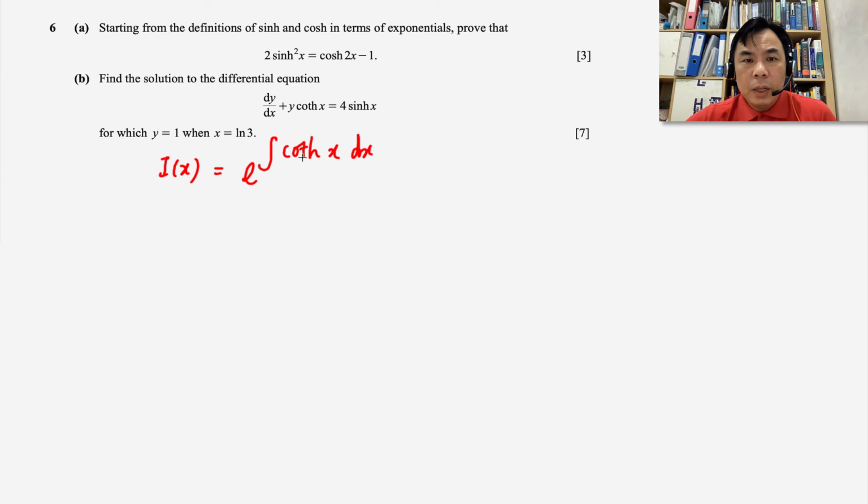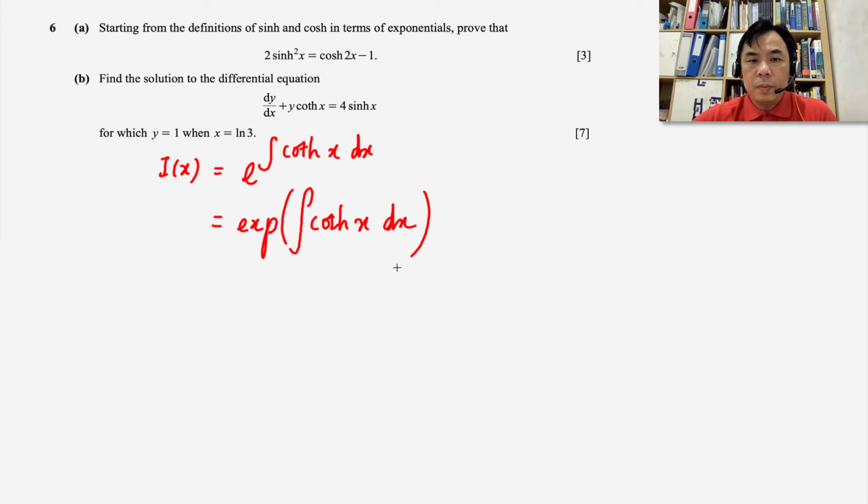And then that is basically the same as, okay, I can write this one down as exp, it's easier to represent exponential anyway, of the integration of coth x. And then at this point, we might want to consider the integration here. Now I'm just going to consider this integration.